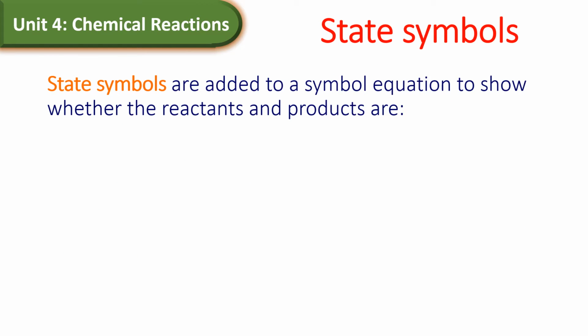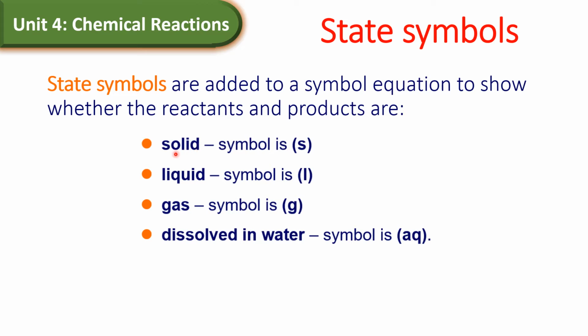Our next term is state symbol. What are state symbols? These are letters that you add into your equation, whether it is a reactant or a product. For solid, the symbol is S, liquid is L, gas is G, and dissolved in water, you have AQ. AQ means aqueous.